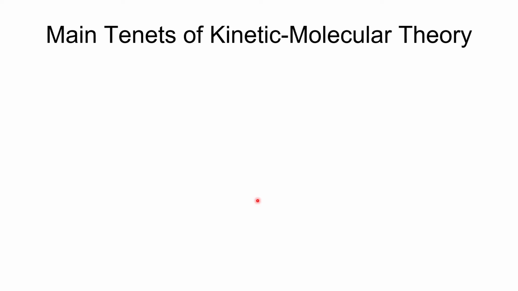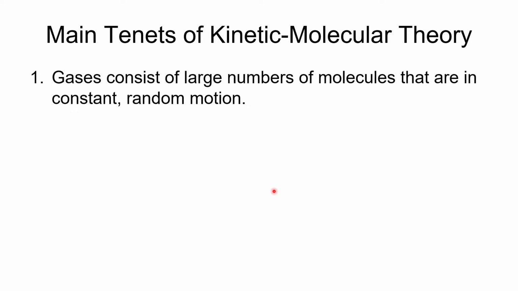So the main tenets of kinetic molecular theory are this. First of all, that gases consist of a large number of molecules that are in constant random motion. And there's a lot that's built into this. A large number of molecules means it's almost an uncountably large number of molecules. If we have Avogadro's number of molecules, we never would have time to count all of those particles.